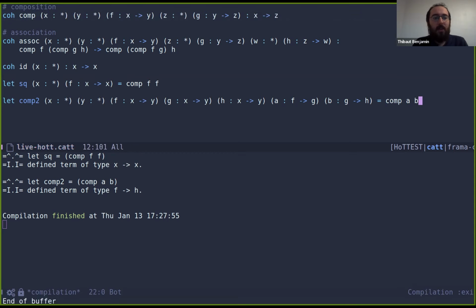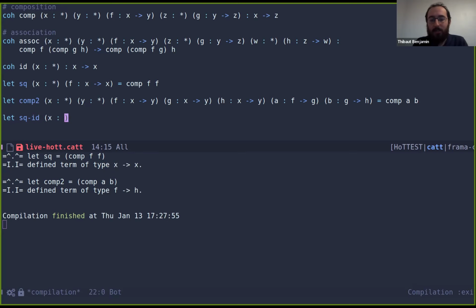And a final thing is something that you can do, for instance, in a context that is not a pasting scheme, because I told you that I showed you contexts which are not pasting schemes and not globular sets, which is an actual computed one. And I'll call the square of identity, for instance.